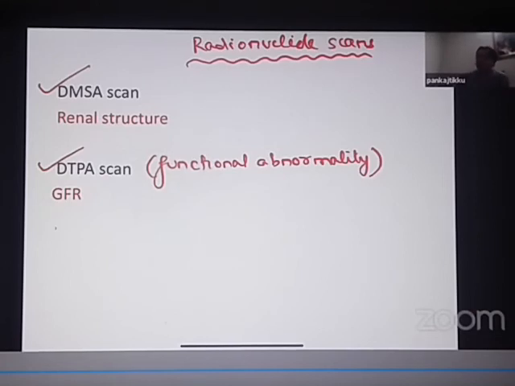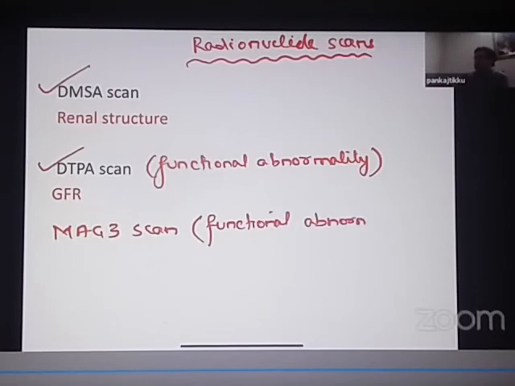There is another scan which is known as the MAG3 scan. This scan is also a radionuclide scan, also a scan to identify functional abnormality in the kidney. And which abnormality does it look for? It looks for abnormalities in the renal plasma flow.